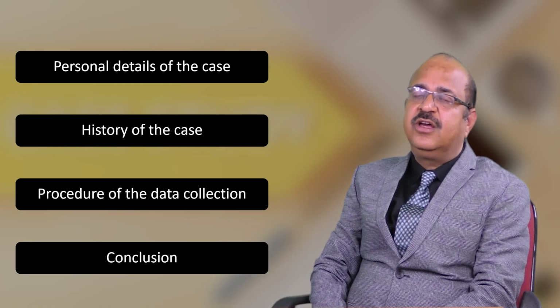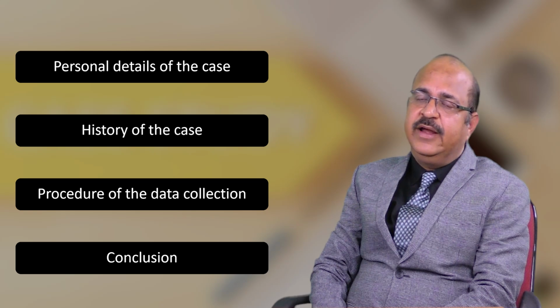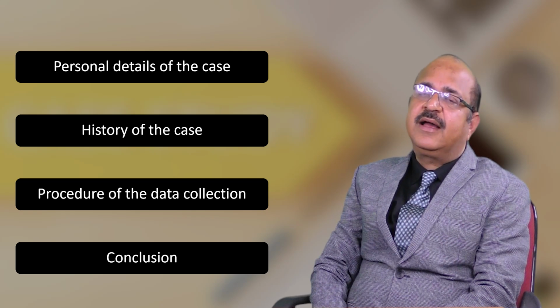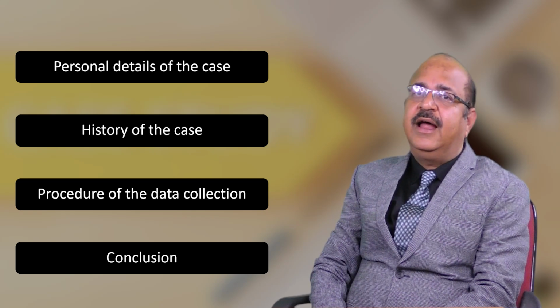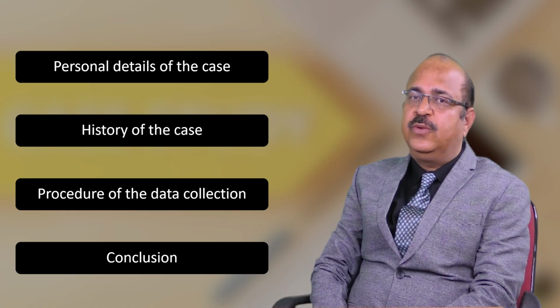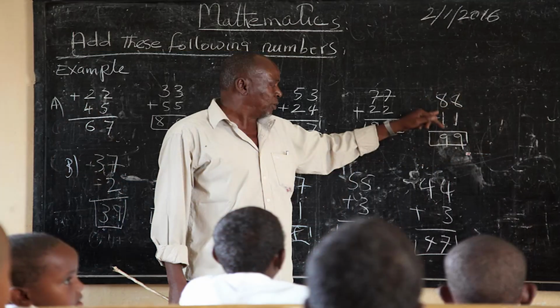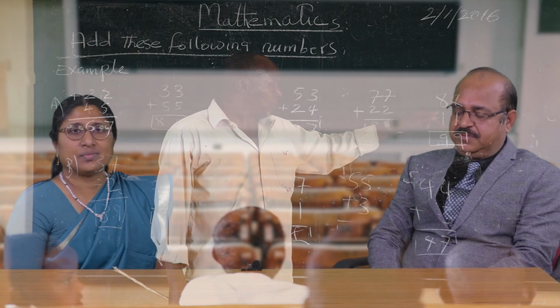If a teacher takes care of these four points, this will be a comprehensive report, and this comprehensive report will not only help that particular teacher but also help the entire group of teachers who are dealing with similar kinds of problems.